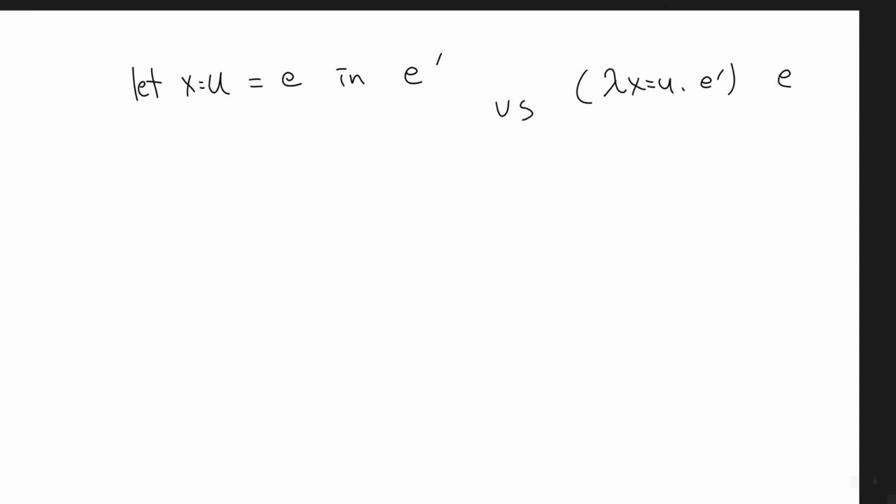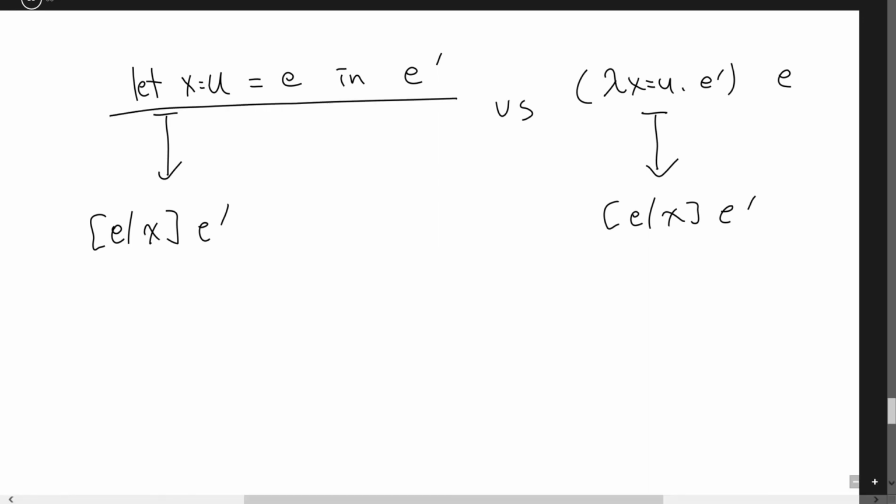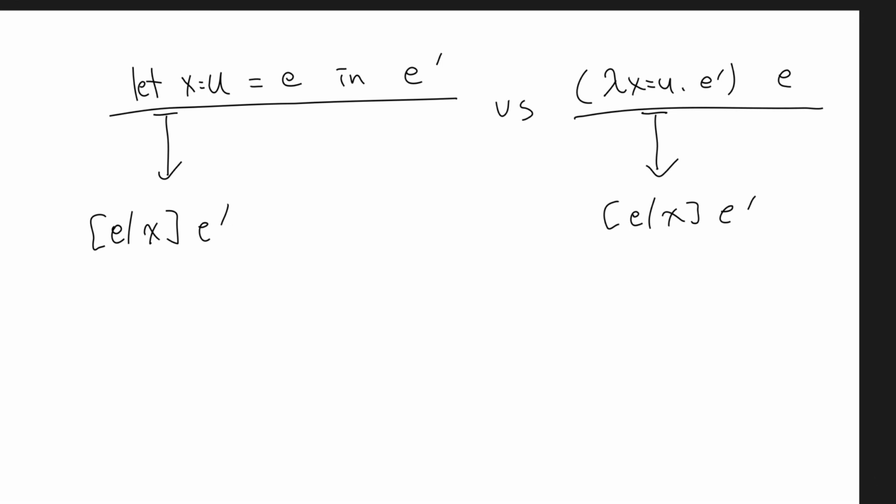According to the reduction rule for let binding, this one reduces to E for x in expression E prime. And if we apply beta reduction to this lambda application, we obtain E for x in expression E prime. So operationally, this let binding and this lambda application appear to be equivalent.